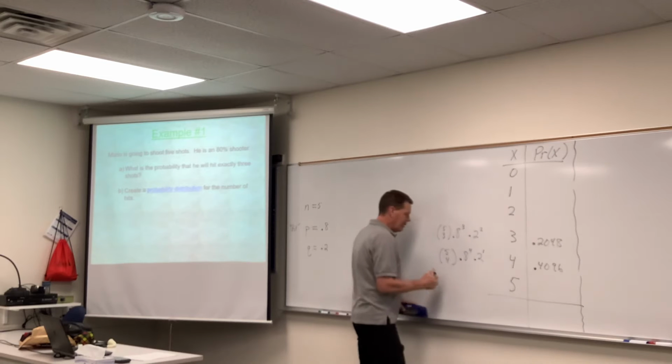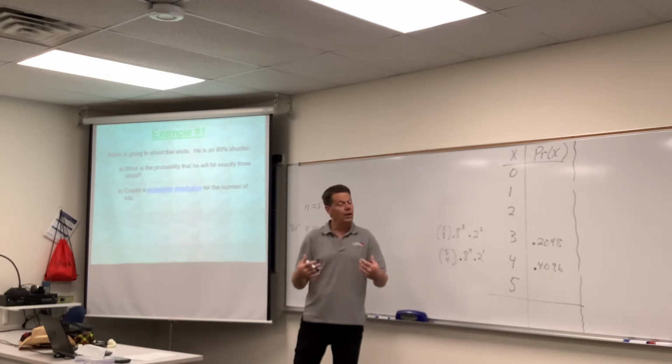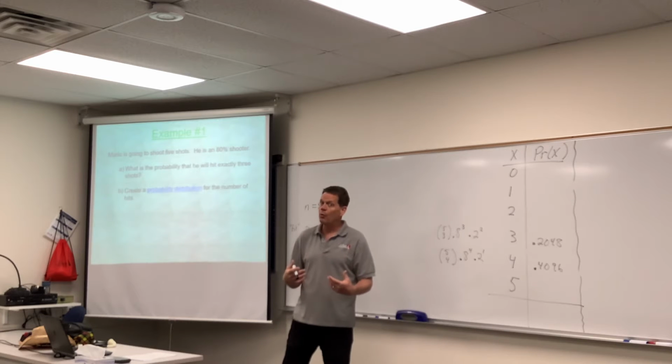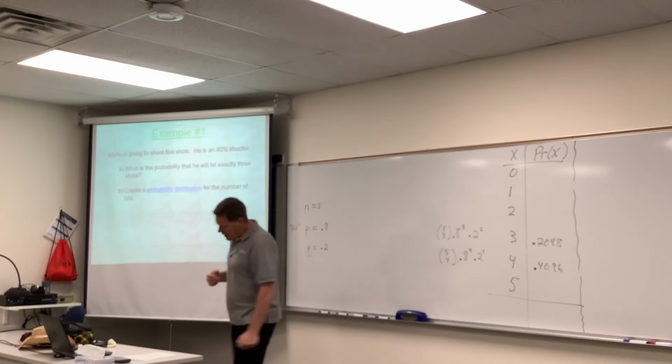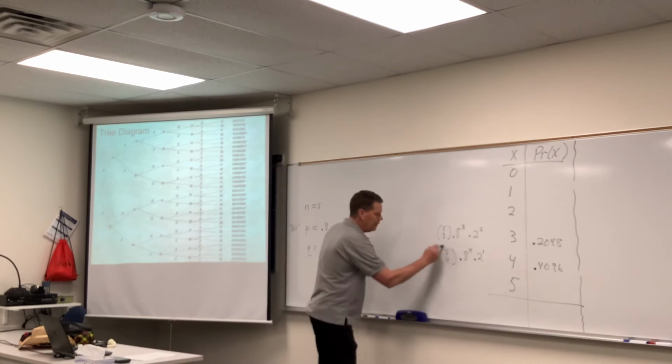Let's talk about this for a minute. The combination of 5 choose 4, if you put that in your calculator, which I'm allowing you to do, but I'll remind you there's also a pencil and paper formula for it, comes out to be the number 5. And here's the significance of that 5.